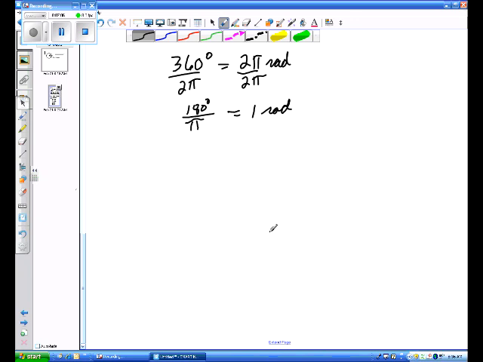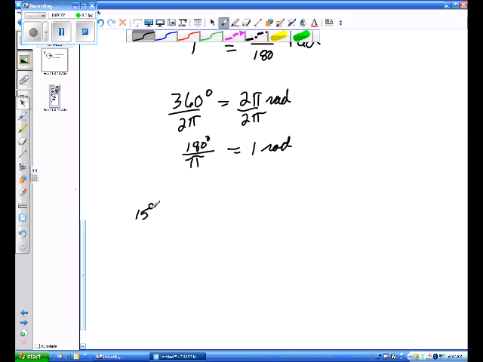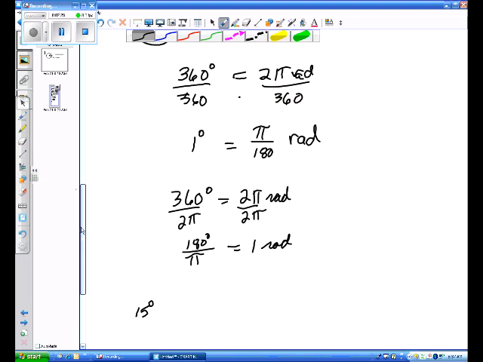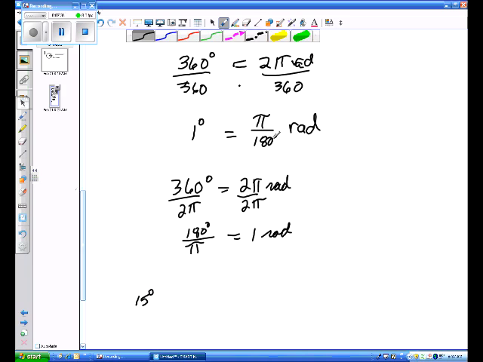So let's say that we have 15 degrees and we want to change it to radians. Now, an easy way to remember this is using the dimensional analysis that you learn in chemistry and physics, in that we're wanting to get rid of degrees. And degrees are in our numerator now, so to get rid of the degrees, what we're going to have to do is divide by the degree part.